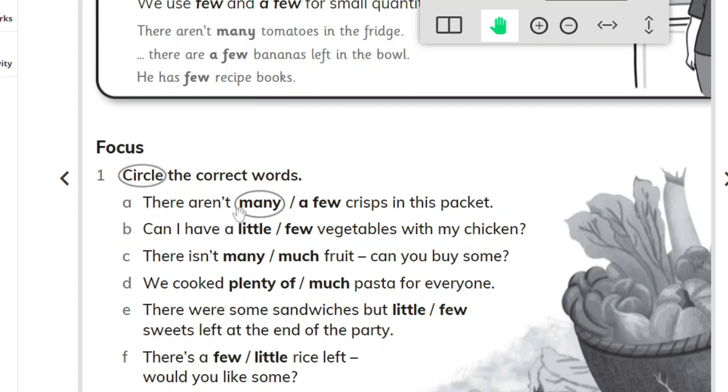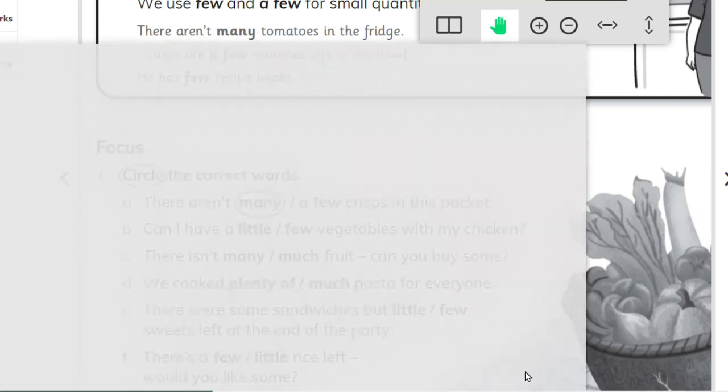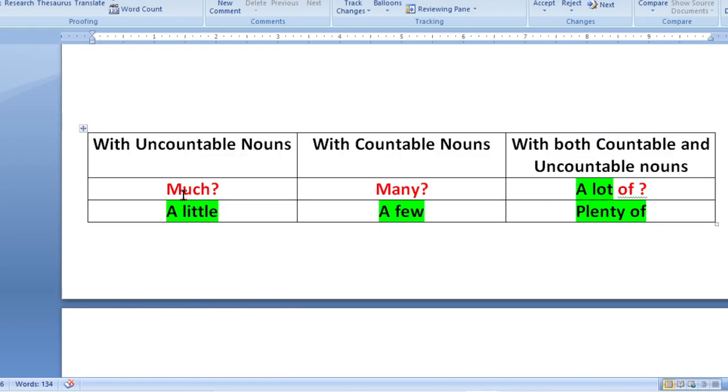There aren't, negative, so many crisps in this packet. So just send me the answers. Don't write the sentences. Understand? And write this neatly with the colors in your notebook.